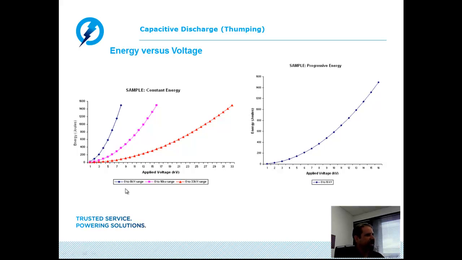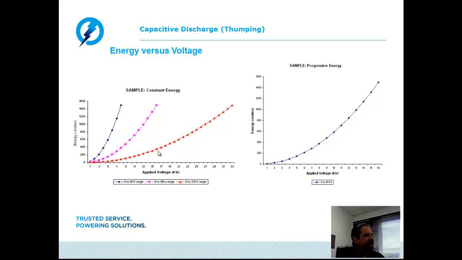So plugging in capacitance and voltage to the formula for energy, we obtain this curve, which will give me the energy level for any of my applied voltages. And what this shows is that if that minimum threshold of sound is approximately 300 to 400 joules of energy, to get 400 joules of energy with this large capacitive setting, I would need to apply just a little bit over 3 kV, about 4 kV of voltage, in order to accomplish 400 joules of output energy.